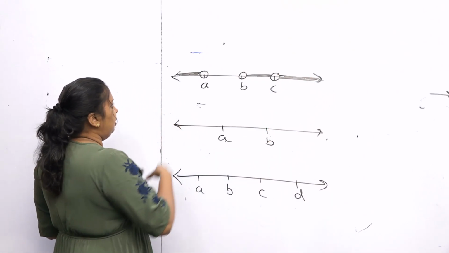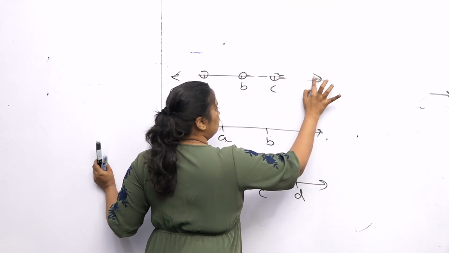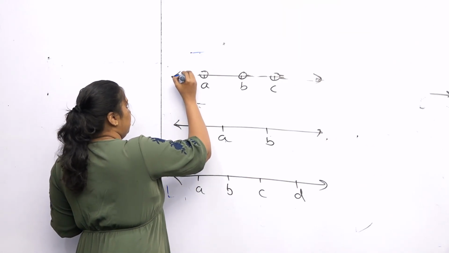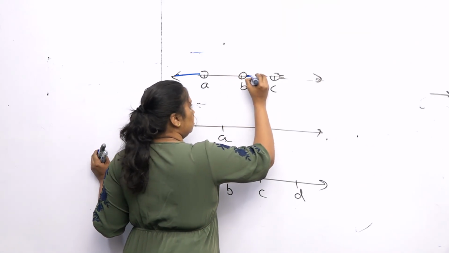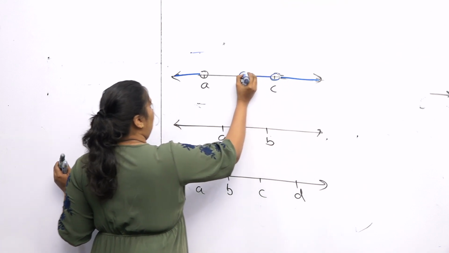You can draw double lines. I would color using blue. So I want the parts that I have colored using blue.